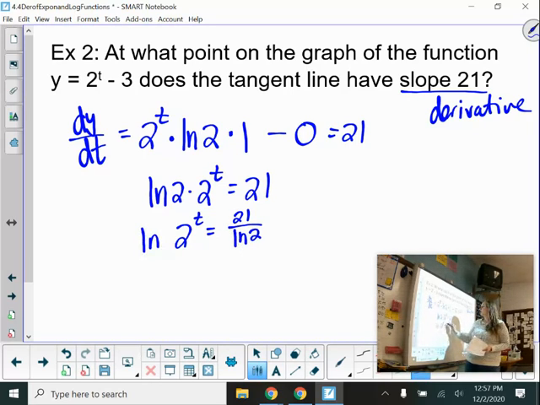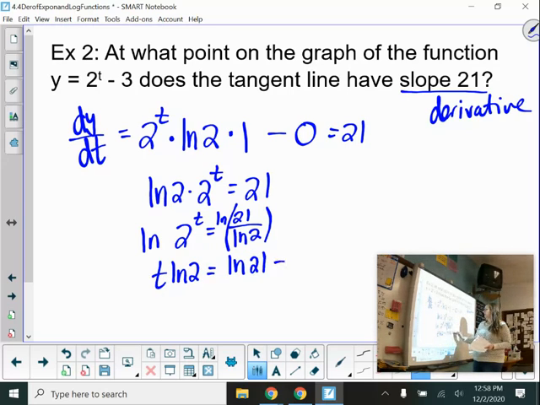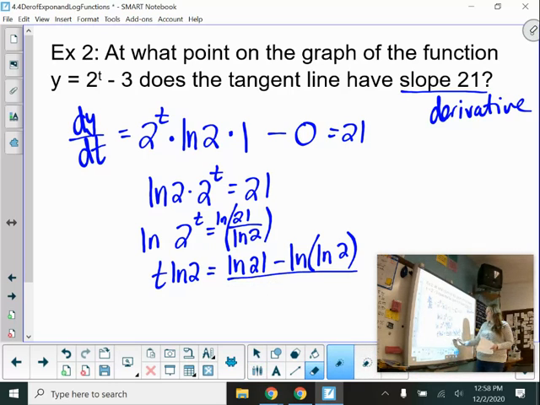I would take the natural log of both sides. The natural log of 2 to the t is t natural log 2, and that's equal to natural log of 21 minus the natural log of the natural log of 2. And then you would divide that by natural log 2.